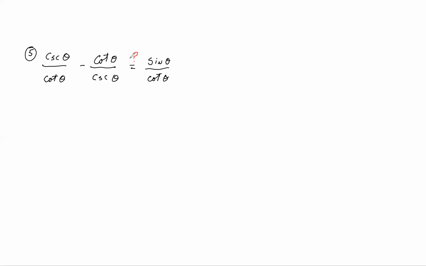Now I want to simplify the left side when you see fractions. The best way to solve fractions, in this case, I multiply these two and we apply cross multiplication.